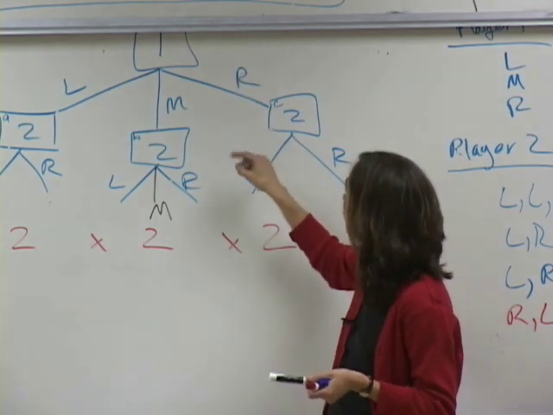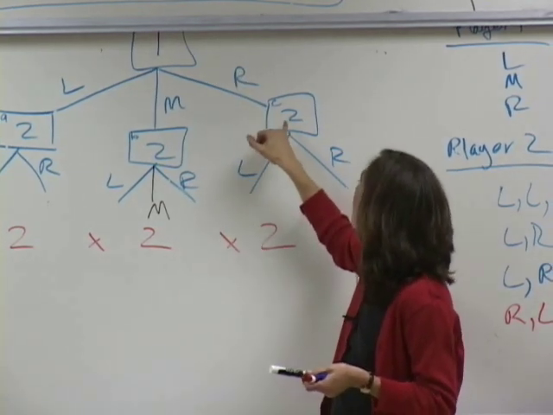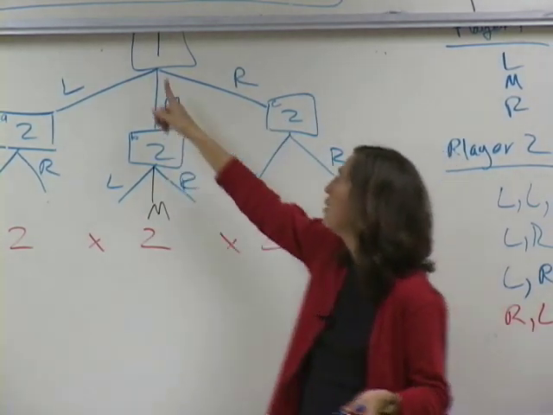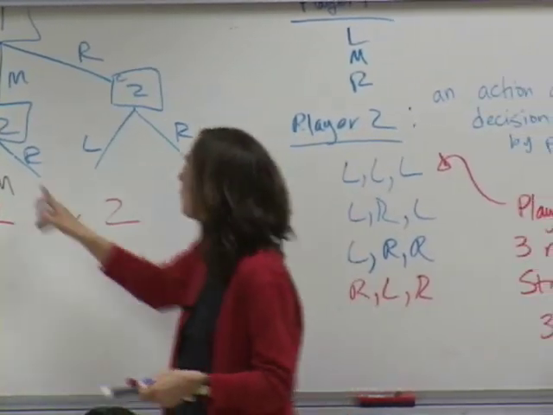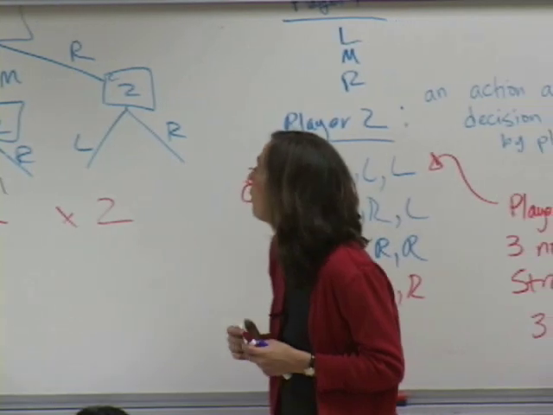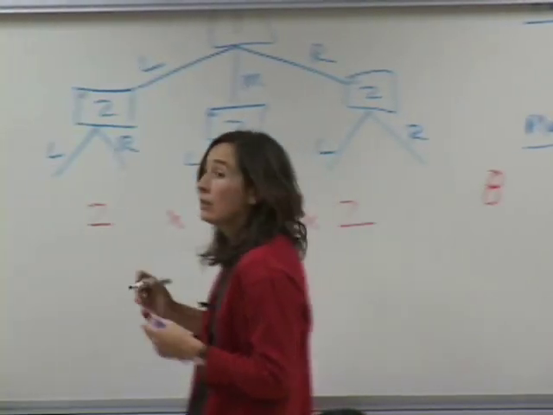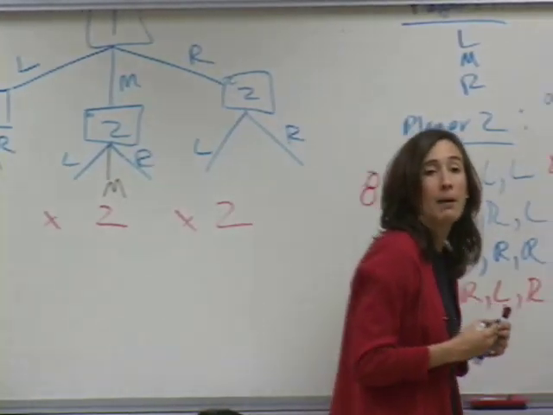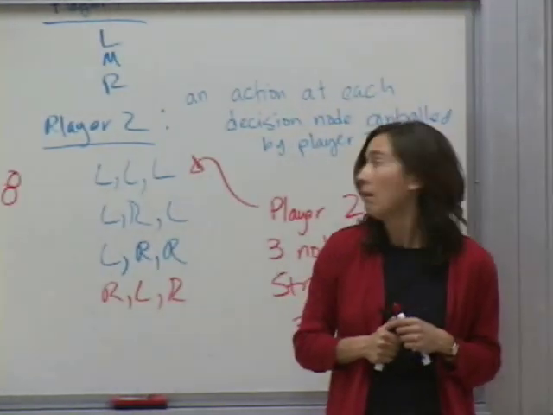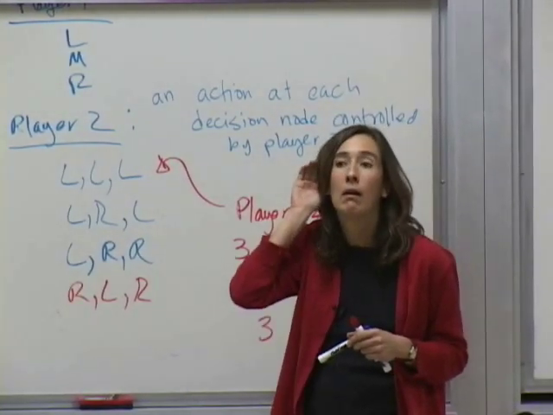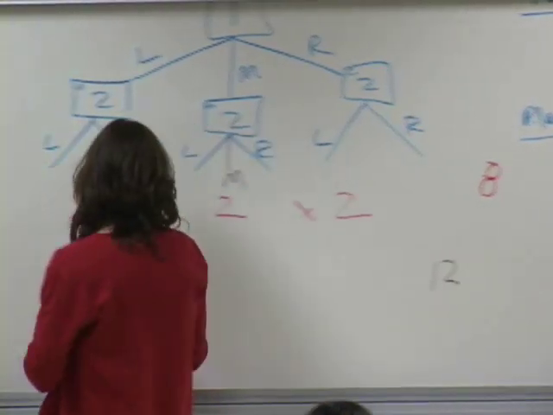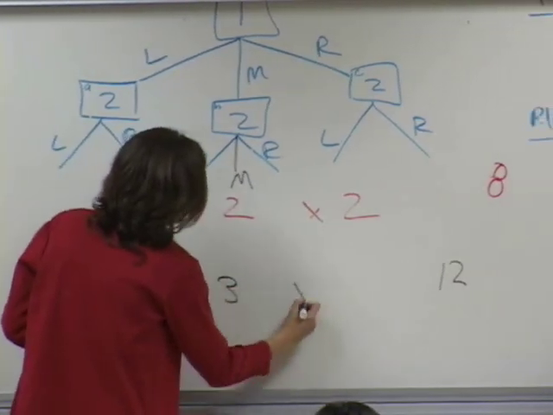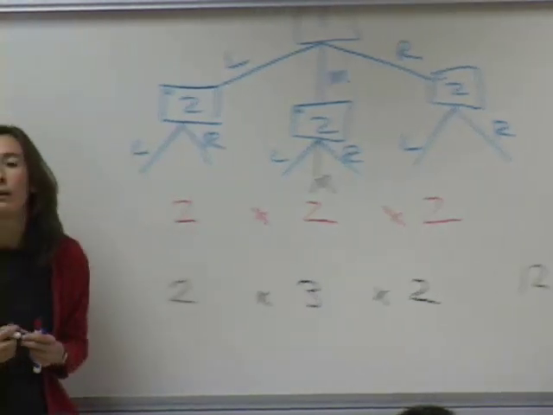And if one chooses right, 2 can choose right or left. Like maybe one choosing middle is actually paving a road that 2 can only walk on if one has already started it. Now what do we have in terms of how many strategies in that game? 12. Okay, because we have 2 times 3 times 2.